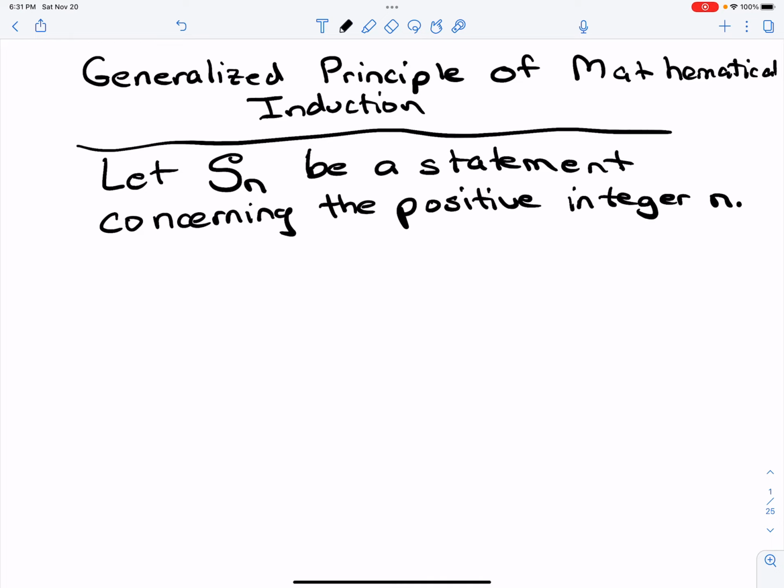So it's not necessarily a sum in this case. We're using S sub n now just to be some kind of statement involving that n. Let J be a fixed positive integer.